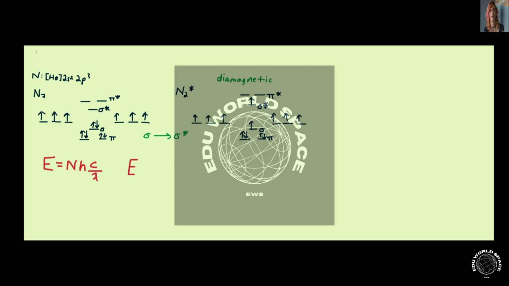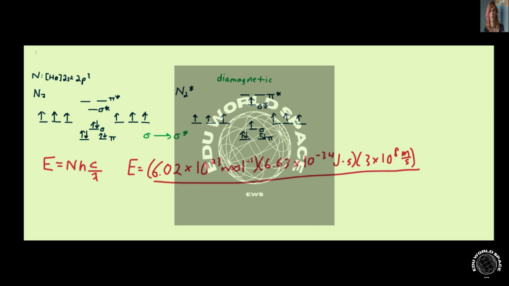So E is equal to 6.02 times 10 to the 23rd inverse moles, times 6.63 times 10 to the negative 34 joule seconds, times 3 times 10 to the 8th meters per second, over 170 times 10 to the negative 9 meters.